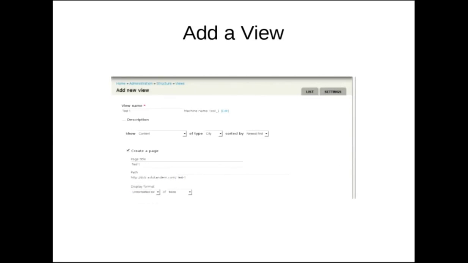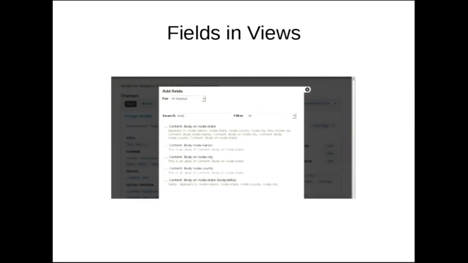Then here's an example, just touching on adding a view. I'm going to start out here, and I say I'm going to create content of type city. So I'm giving it that little filter and all that stuff, nothing terribly interesting here. Then you go into this and say, let's add a field. Okay, so here's all the body fields. What are these things?